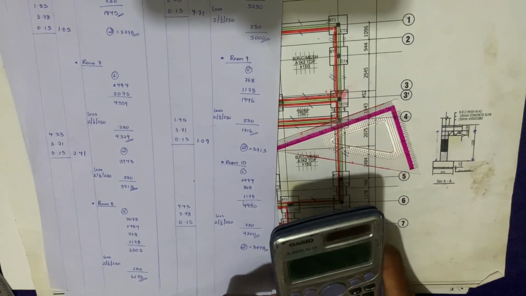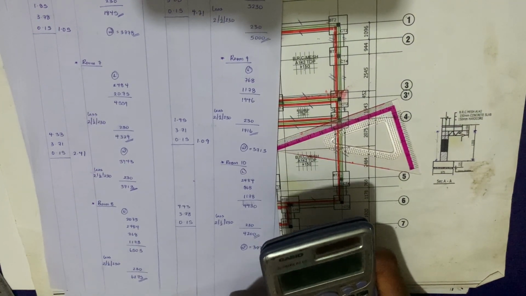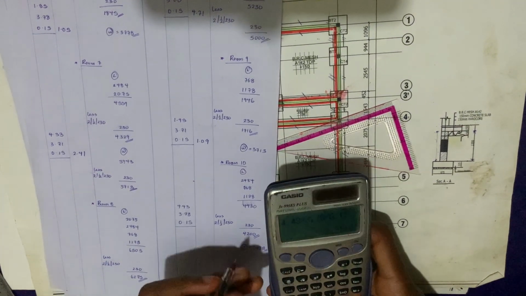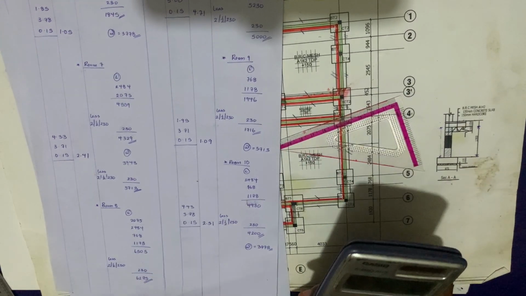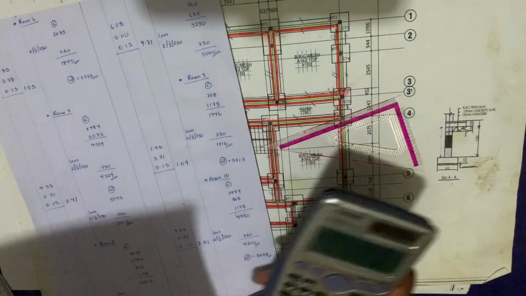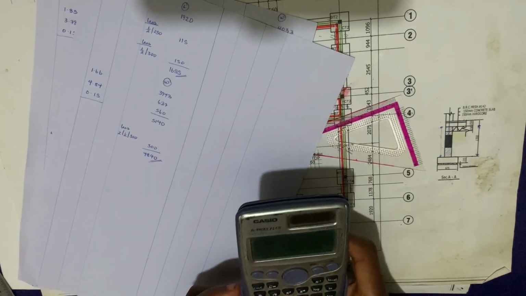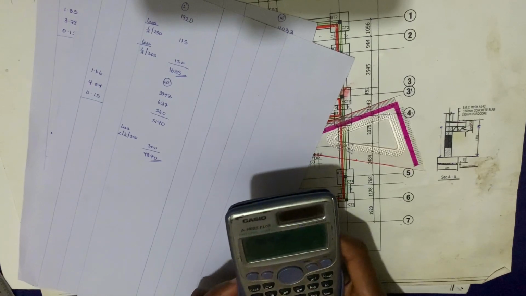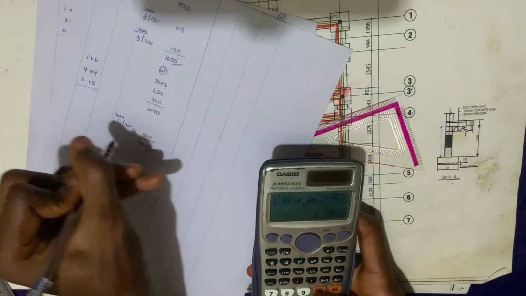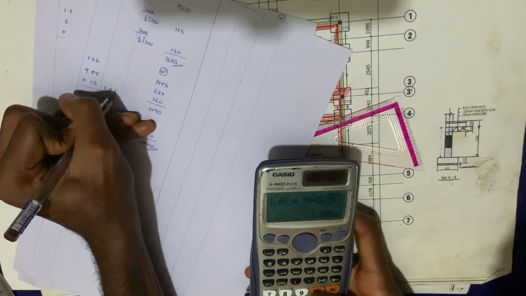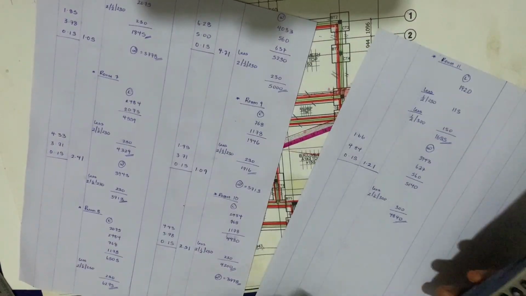For room 10, 4.43 times 3.78 times 0.15 is equal to 2.511, which is 2.51. And then for the last one, room 11, 1.66 times 4.84 times 0.15 is equal to 1.205, which is 1.21. So we'll add everything together.